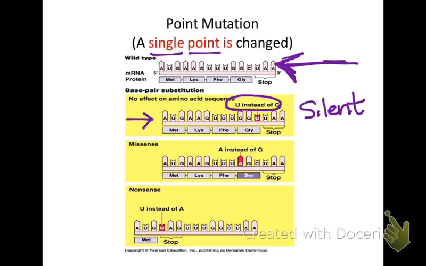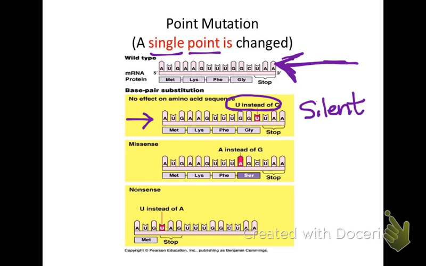Even though a U was accidentally brought there instead of a C, GGU also codes for glycine. Remember, there are several amino acids that have multiple codes for the same amino acid. You've got 61 codes for amino acids and only 20 amino acids, so lots of them use more than one code.